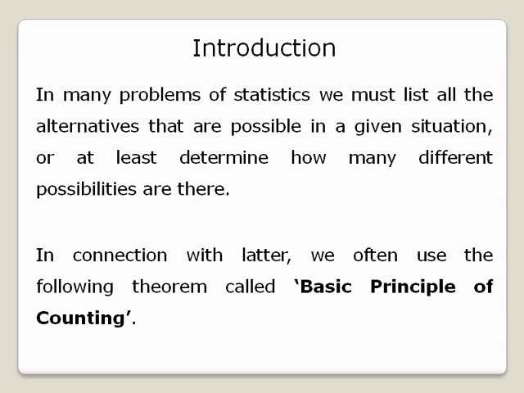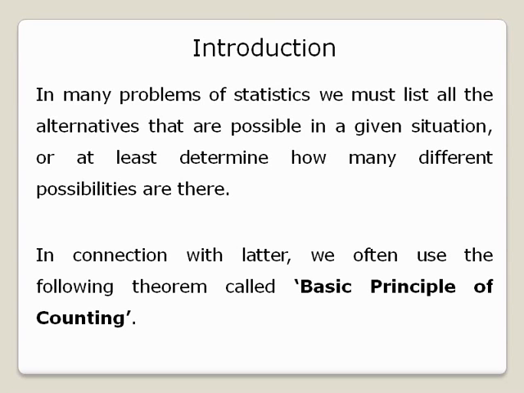If these are the conditions, how many different passwords can you generate? Maybe there are some conditions imposed on the password, and depending on those conditions, what will be the total number of different passwords that you can generate?